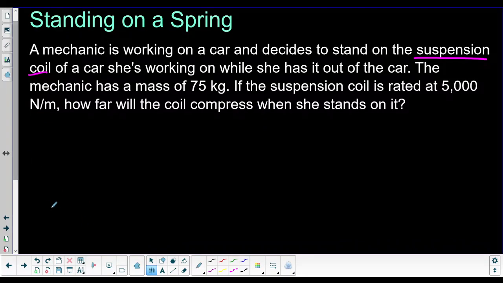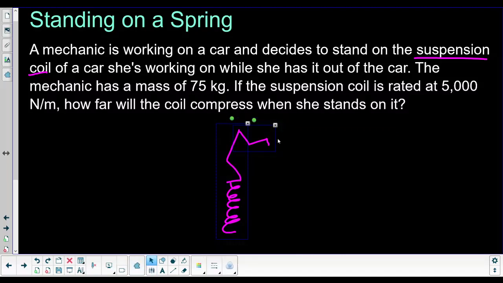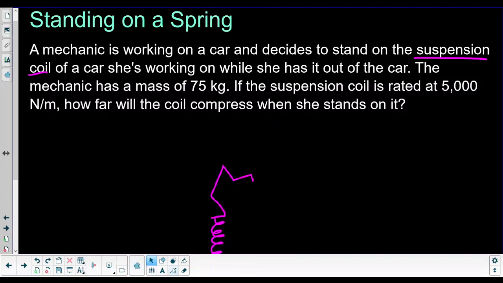So what we've got here is a coil, and then our mechanic, hold on, our mechanic's getting a little out of hand here. Stands on it.